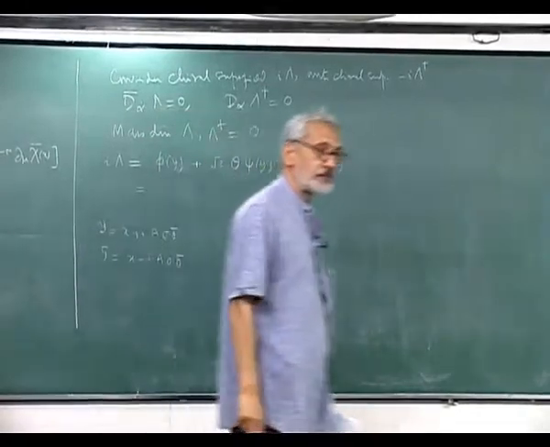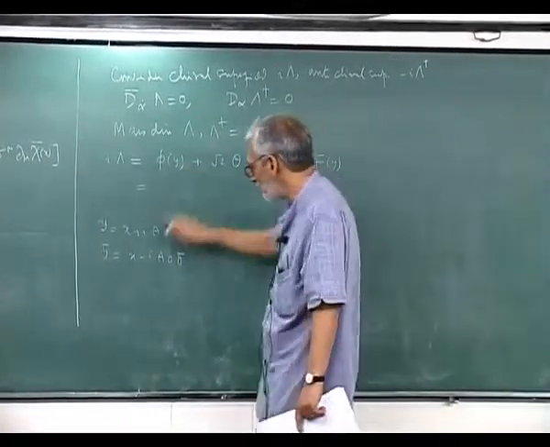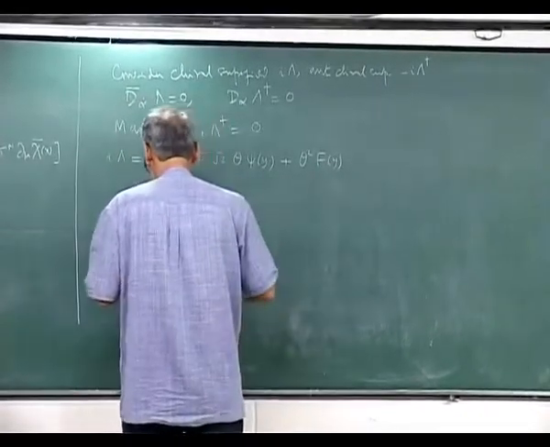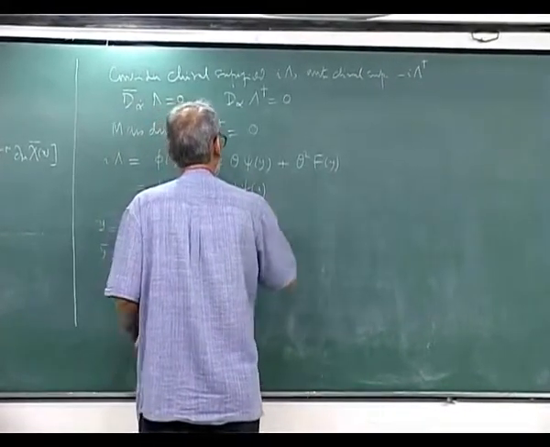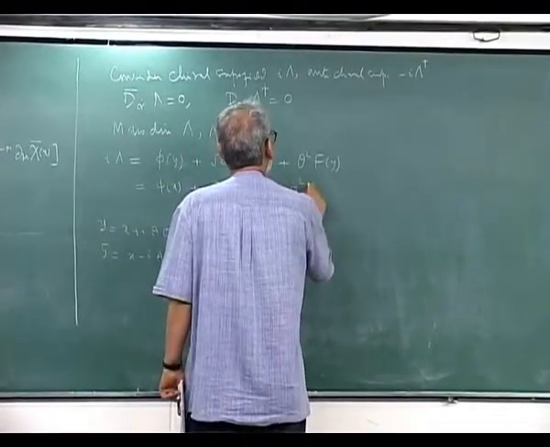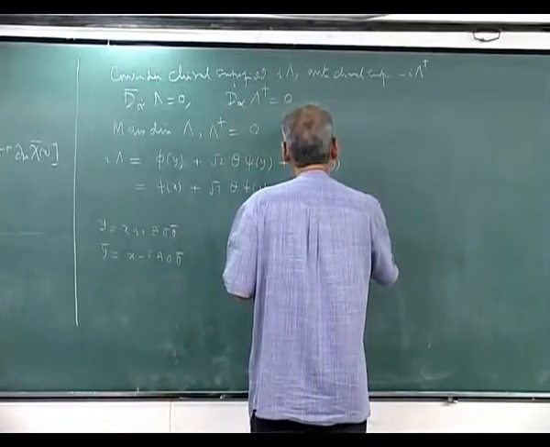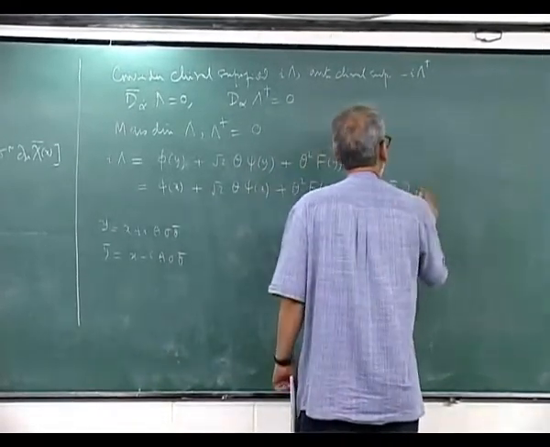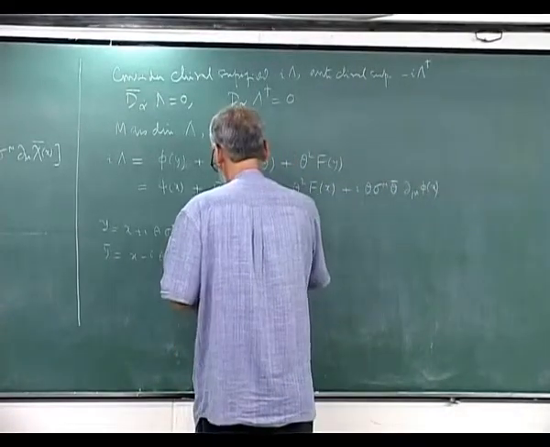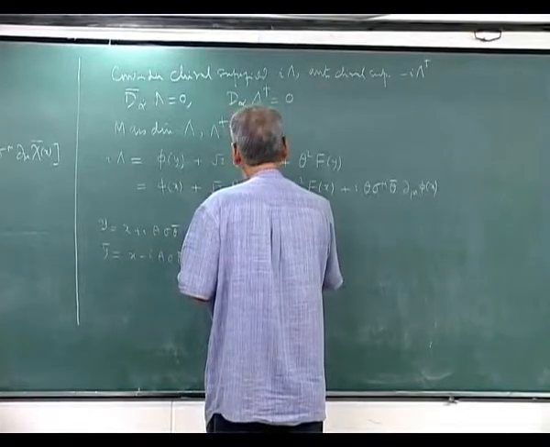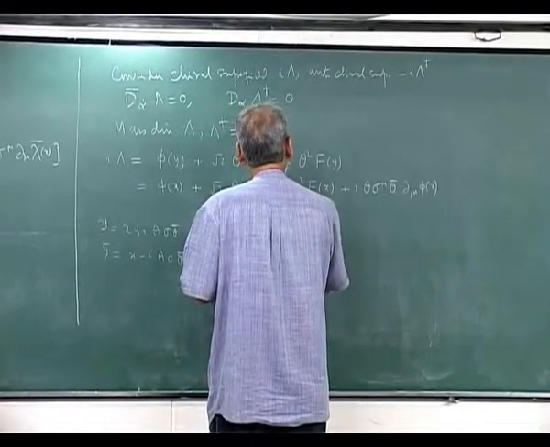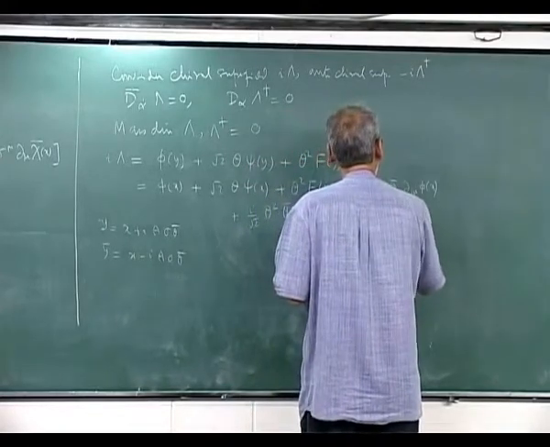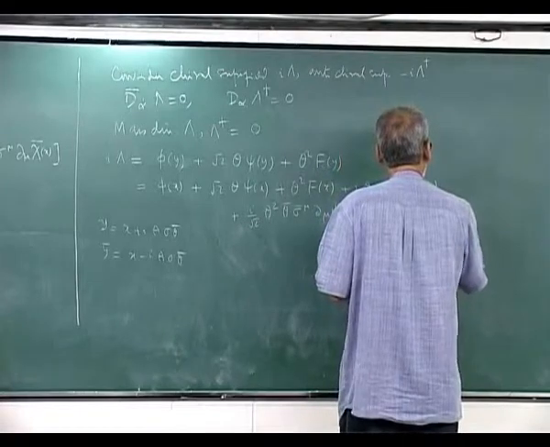And if I expand it, y as this object, then I can write this as phi of x plus root 2 theta psi of x plus theta square f of x plus I theta sigma mu theta bar d mu phi of x plus I by root 2 theta square theta bar sigma bar mu d mu psi of x minus 1/4 theta square theta bar square box phi of x.